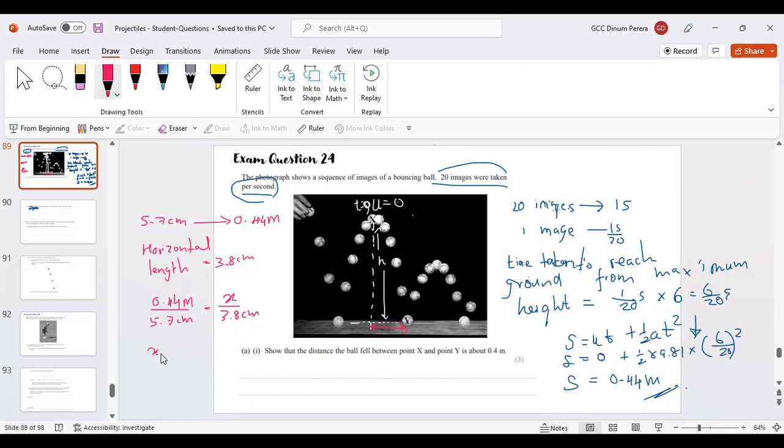You cross multiply, X is equal to 0.44 meters divided by 5.7 times 3.8 centimeters. So X is about 0.293.